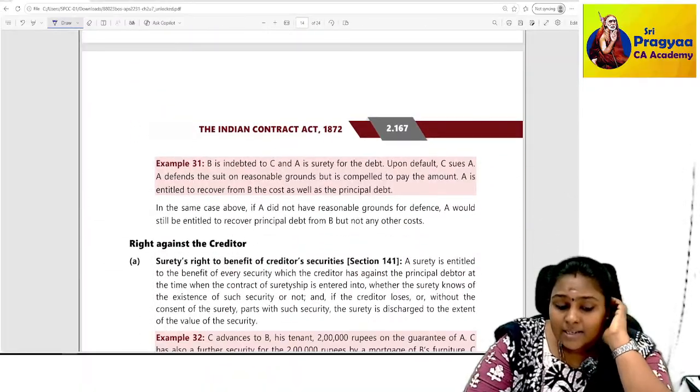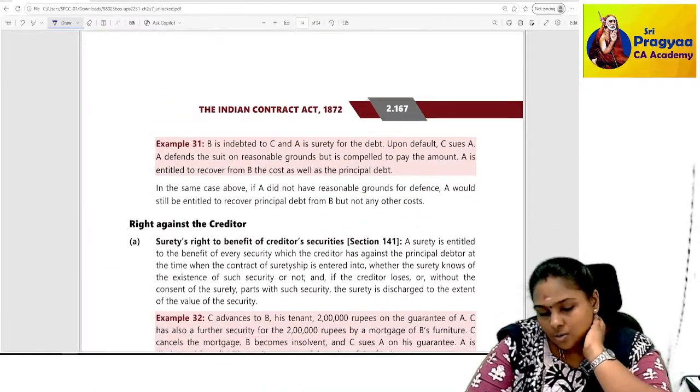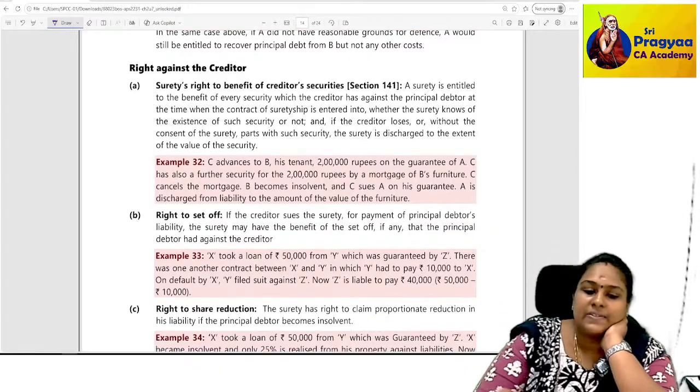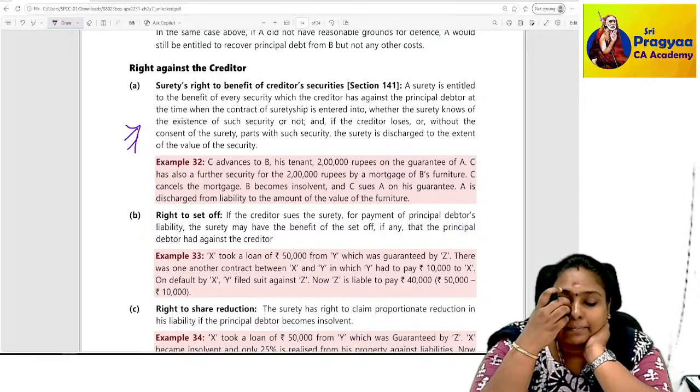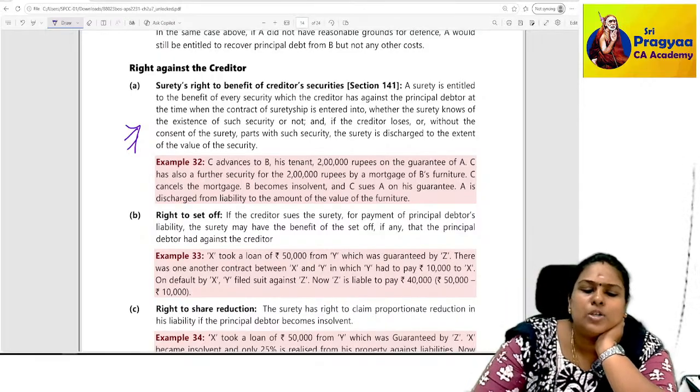Next one, right against the creditor. Now, this also is not new for us. This first point is not new for us. Go through it, I'll give you 1 minute. You should be able to comprehend this.